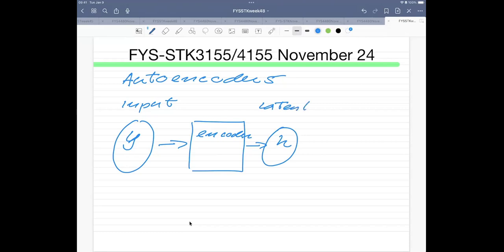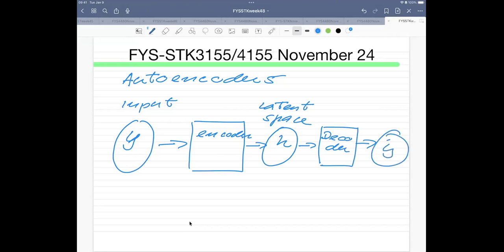And the way you have to read this is as a dimensionality reduction. So we are looking for some few features which are the relevant ones. Now, this H is then fed into a decoder part, which then produces an output Y tilde. And we want this Y tilde to be as close as possible to the original Y here.